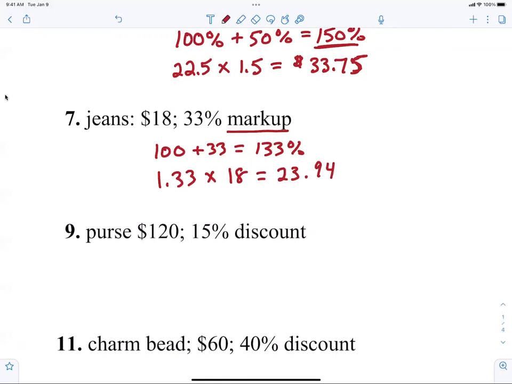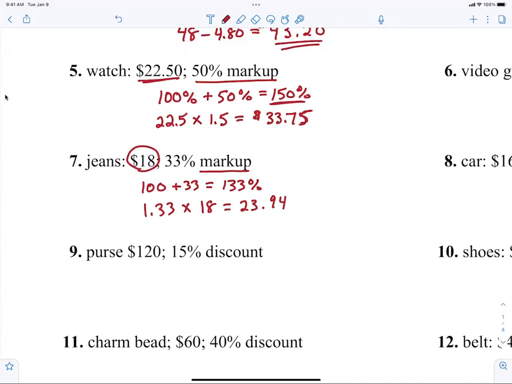Did everybody get that? I don't understand. I thought it'd be 1.8. No, $18. Last time we did, it was $22. No, it's $22.50.